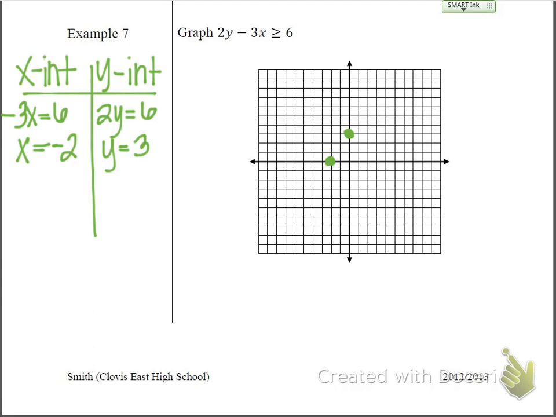Okay, so my inequality is greater than or equal to. So is that going to be a solid line or a dotted line, guys? Solid. And greater than or equal to means that I'm shading above. And you're done.